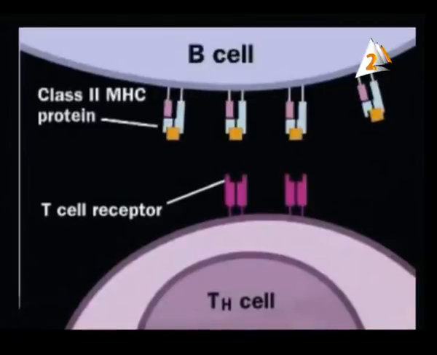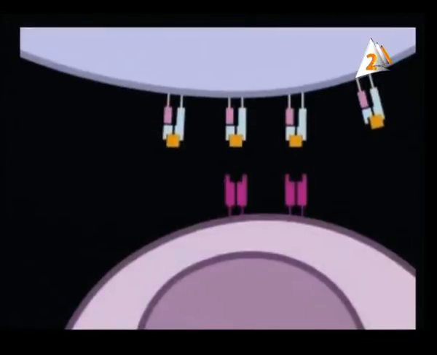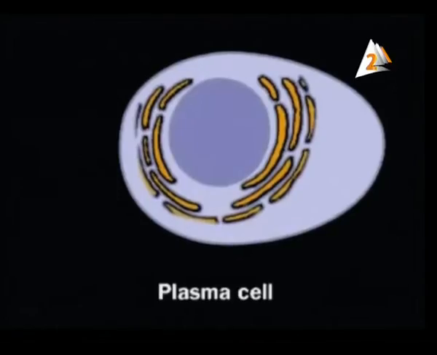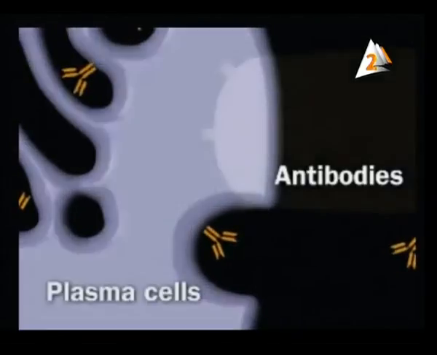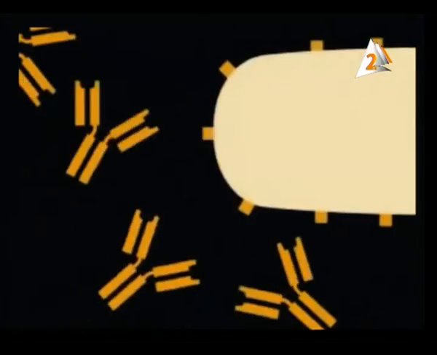Then, how are the antibodies produced here? The active B cells will divide, multiply, and differentiate into memory cells and plasma cells. Plasma cells produce a large amount of antibodies, which pass through lymph vessels and blood circulation to fight the infection. The helper cell binds with the interleukins.